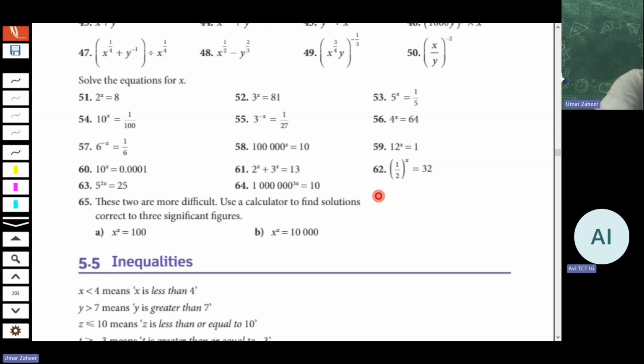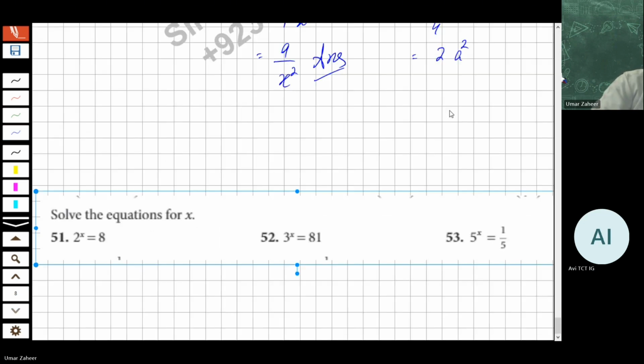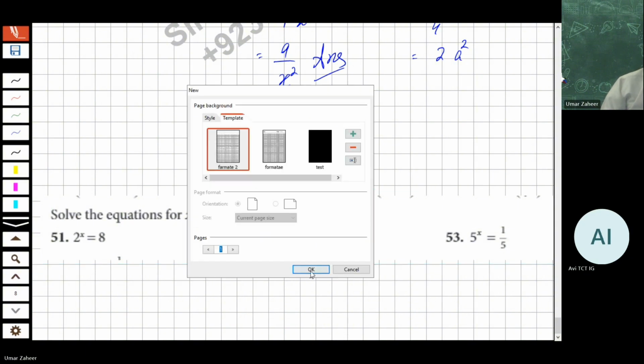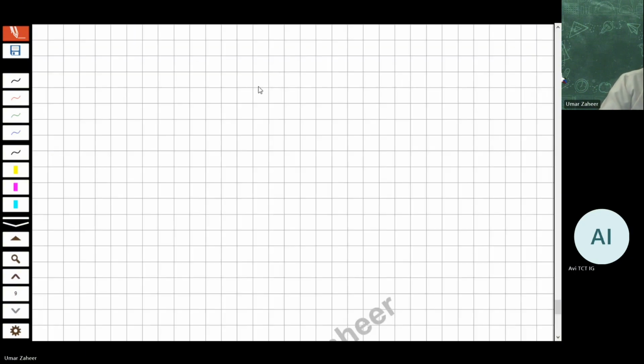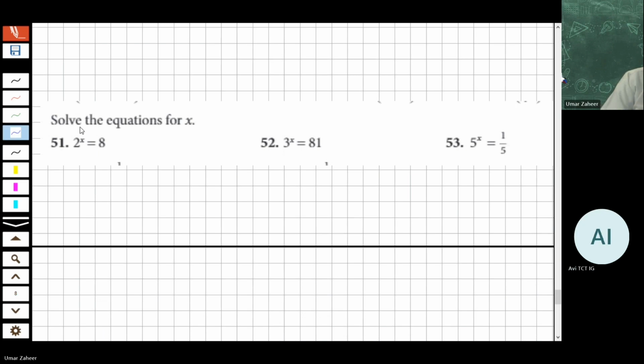So here are the questions. 2 raised to power x. First of all, convert 8 into indices form. Let's do the prime factorization: 2 times 4 is 8, 2 times 2 is 4, 2 times 1 is 2.